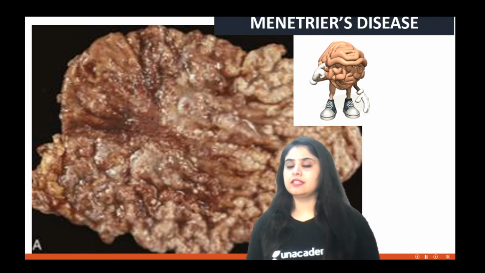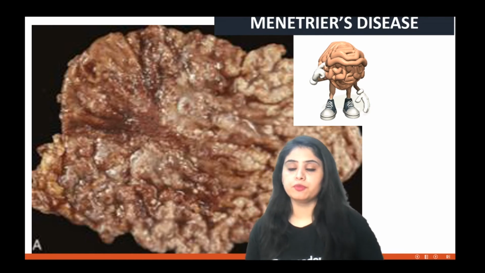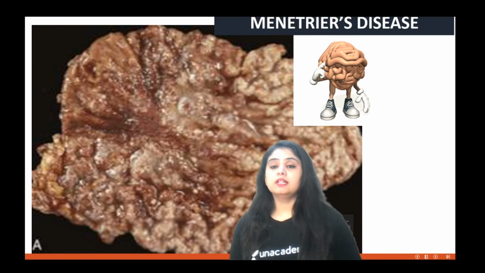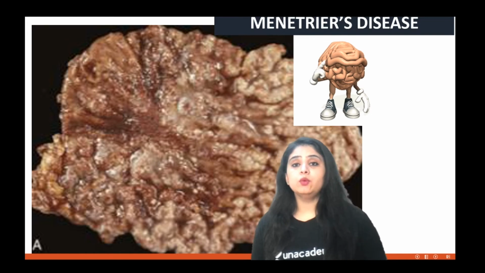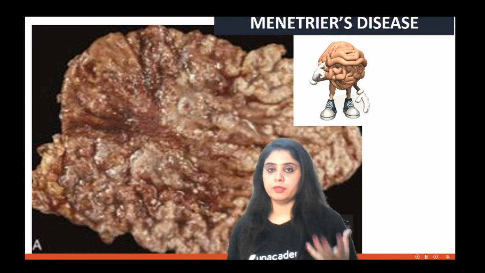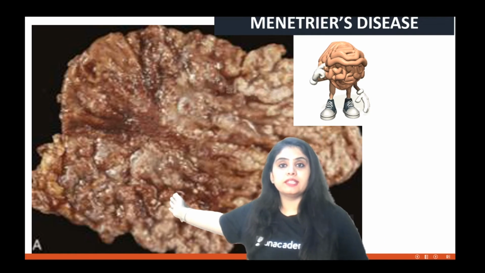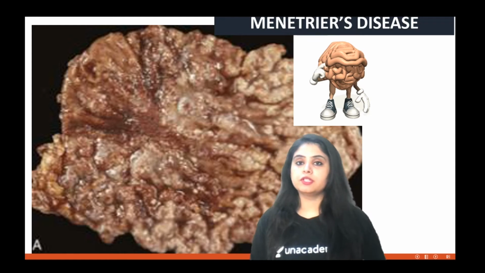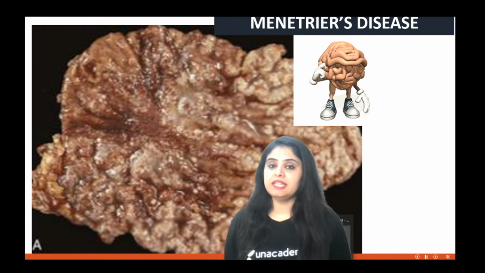Although this is not a theoretical question based session, there's one question I would want to put up to you. I hope all of you remember M for Menetrier's disease and M for males. This is seen more commonly in males. Secondly, when you look at it under the microscope, these cerebriform rugae that you're seeing, when you take a slice and put it under the microscope, which is the most predominant cell population that will be increased?